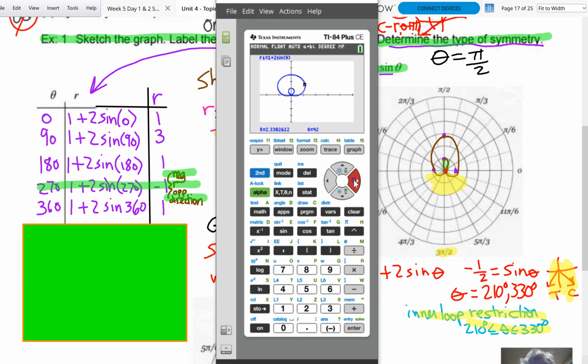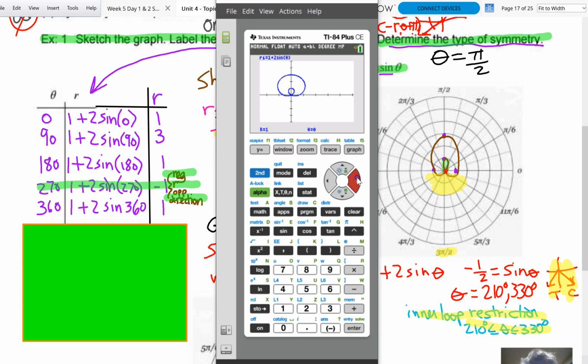When I had it at 0.5, here, let me change it to 0.5 because now you've seen the graph unfold, but now it's taking too long to get to the inner loop. So 0.5, graph. Actually, it didn't unfold that quickly.